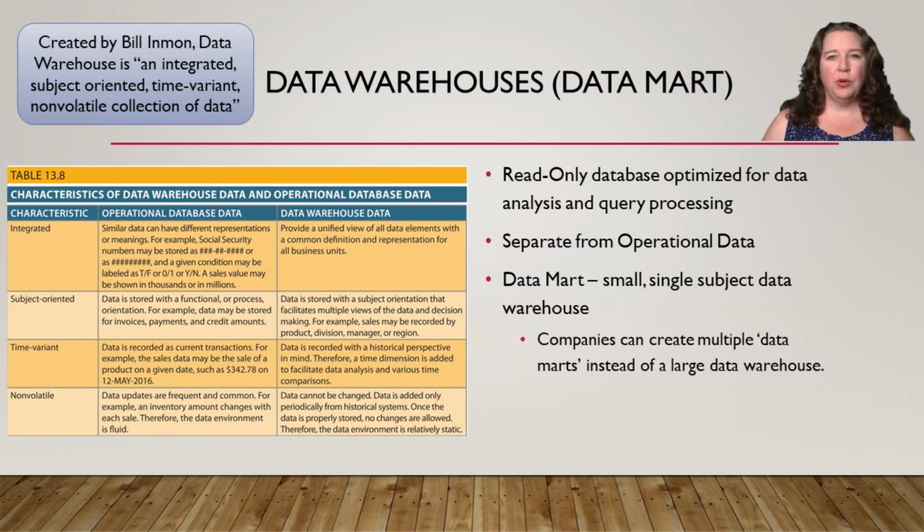Subject-oriented in an operational database means the data is stored with the function or process. So it's designed for operations, invoicing, payments, so on and so forth. In a data warehouse, the data is stored so that it facilitates the views of the data and decision making. You might include things that would include invoices, payments, and credit amounts all in the same report because they all are useful for facilitating that piece of information, for that report.